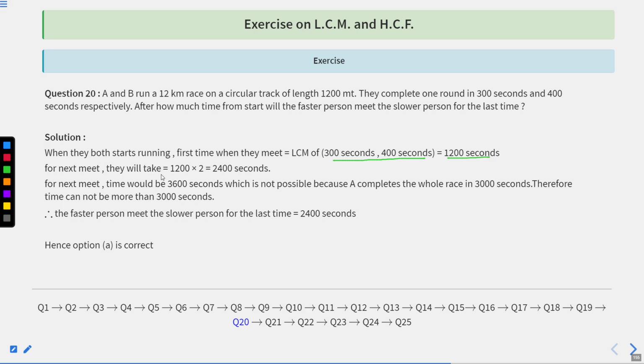For the next meet, they will take 1200 into 2, that is 2400 seconds. And for the next meet, the time would be 3600 seconds, which is not possible because A completes the whole race in 3000 seconds. Therefore, time cannot be more than 3000 seconds. Therefore, the faster person meets the slower person for the last time at 2400 seconds. So the correct option here is option number A.